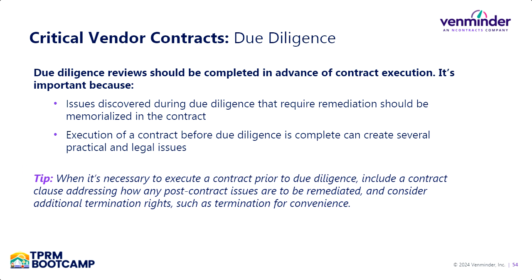And why is that important? Well, if you're following the guidelines of third-party risk management, during that due diligence phase, you're going to be uncovering issues that are a risk to you in doing business with this particular vendor. So you will want to use those issues through that contract negotiation.